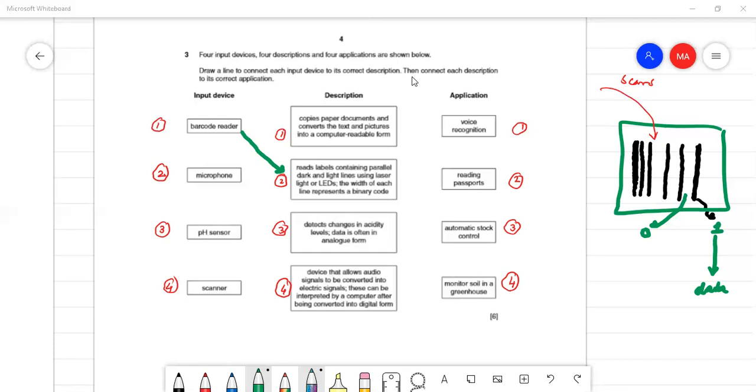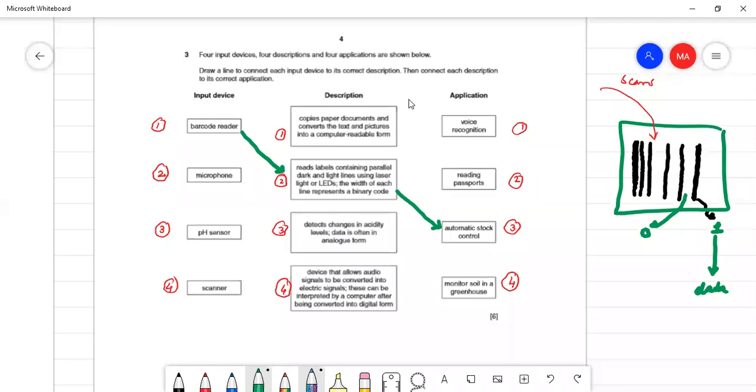Third description, automatic stock control. So full marks will be allocated if you connect the 3 columns together properly.